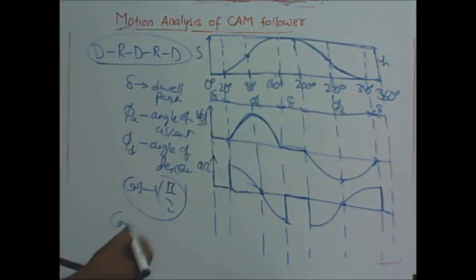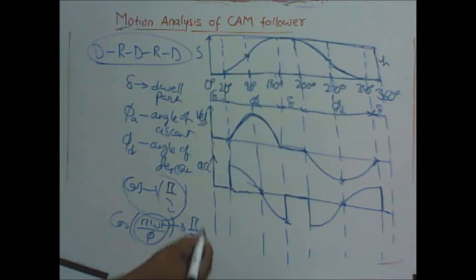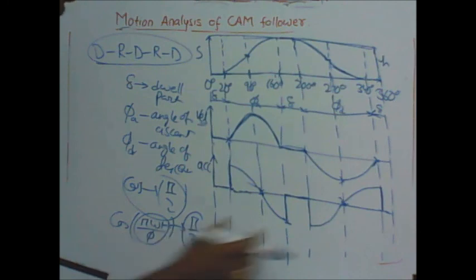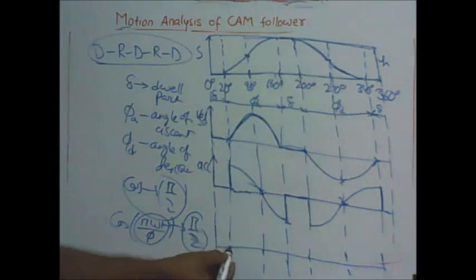So cos of pi omega t divided by phi, this part will become pi by 2 for this point and this point, hence cos is 0, hence acceleration is 0 at these two points. Now further when we draw the jerk diagram for this, at the starting point there is nothing.